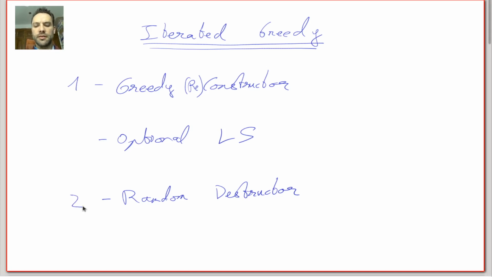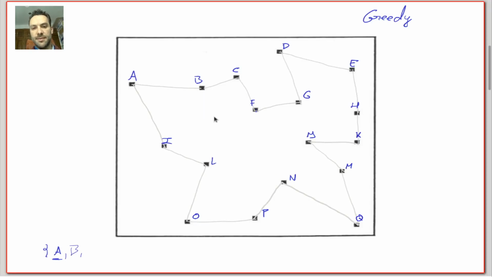Although there are different variants of this algorithm, the destruction might not be random, the construction might not be pure greedy, and so on. I will skip the optional local search in the middle, although it is often applied within Iterated Greedy. Well, I'm using the same instance.